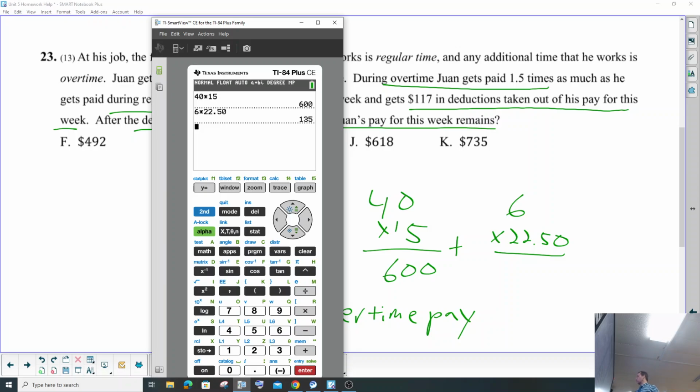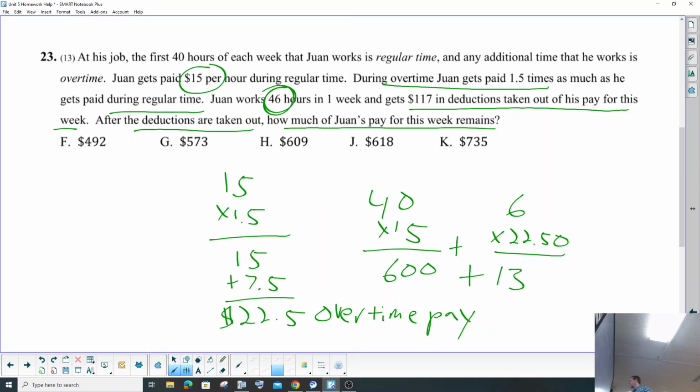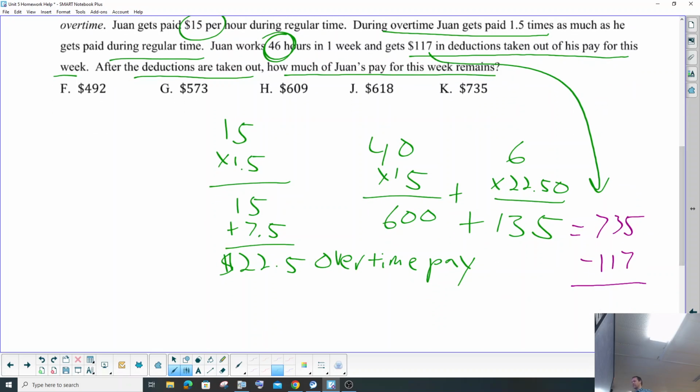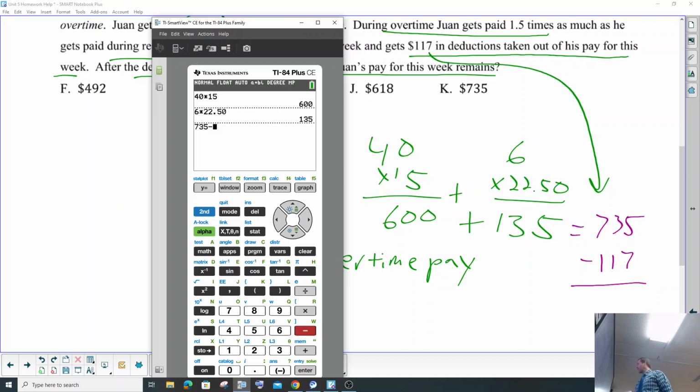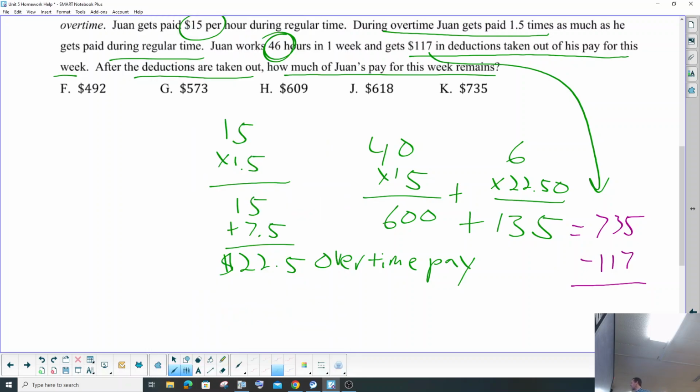So that's going to be 6 times $22.50, which is an additional $135. So that's $735, minus the deductions. So minus the 117. That's a good ACT question. 735 minus 117 is 618 bucks, which is J, which is what we got.